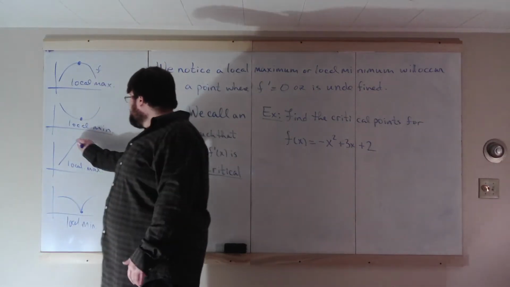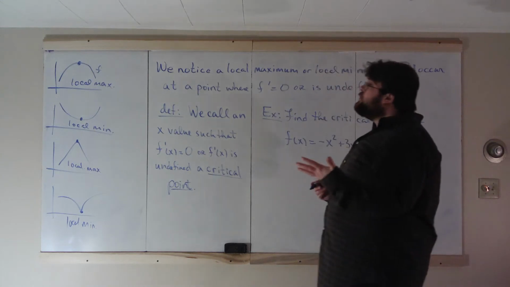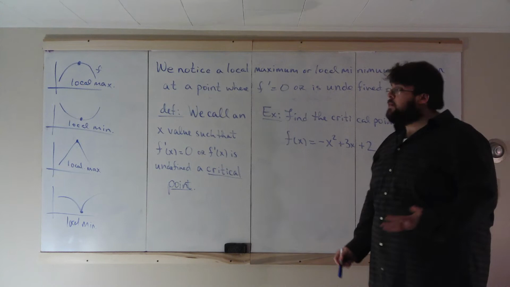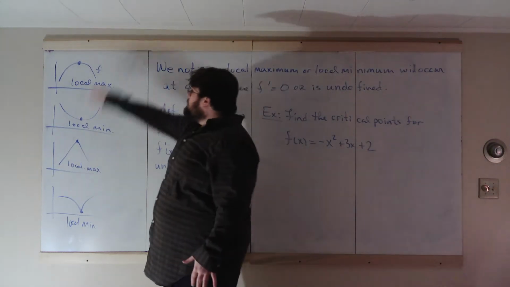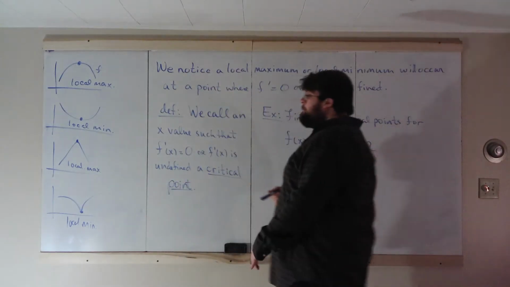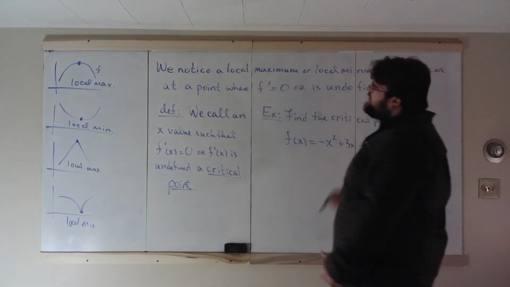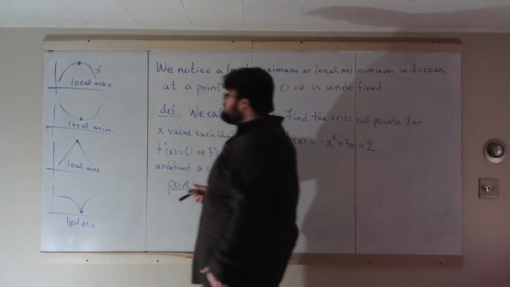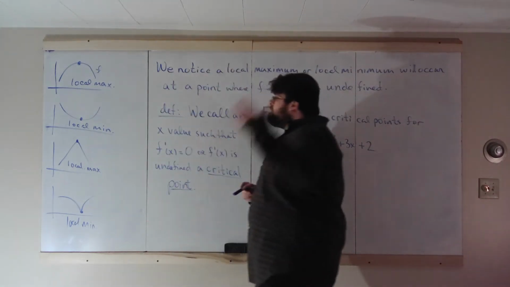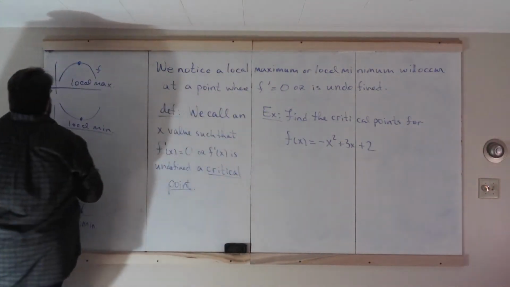But what we want to observe is types of function behavior that could lead us to concluding that there's a local maximum or a local minimum. Top of a mound, bottom of a mound, top of a point, bottom of a point. We can combine these into one observation because we can interpret all of these points using the derivative. Very important. What is the derivative evaluated at this x value?